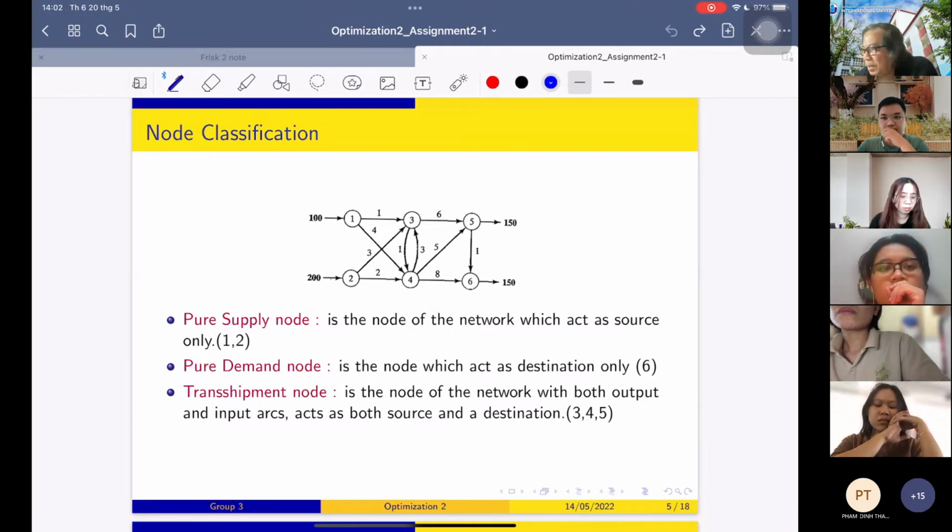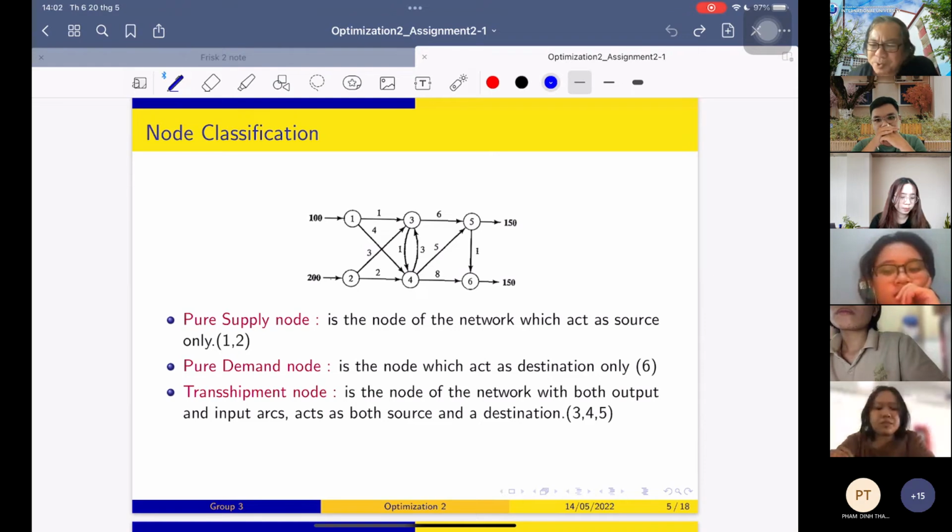Is that okay? And node 5 and node 6. Node 6 only receives, so it is called pure demand. So node number 5 needs something. It has some demand, 150, but it also has the ability to supply to 6. So it is not pure demand.